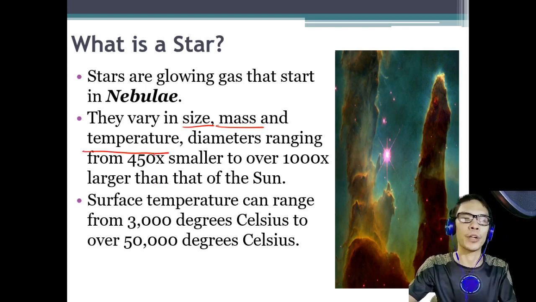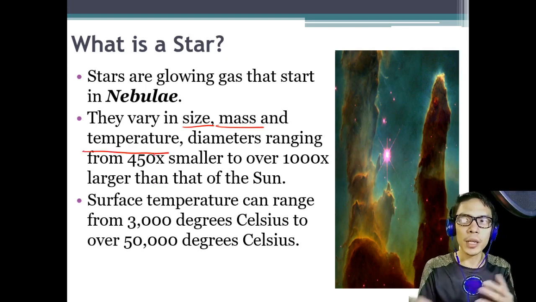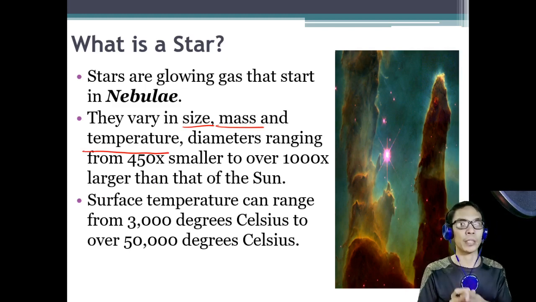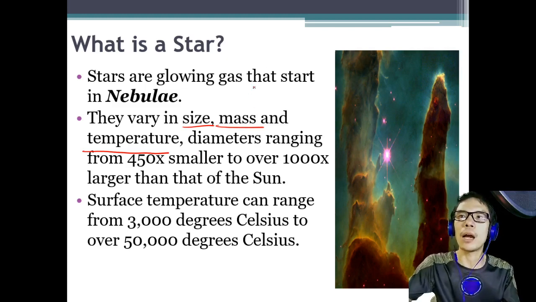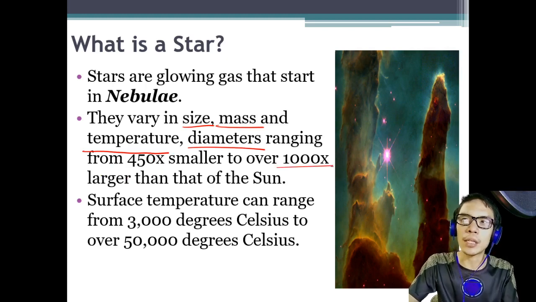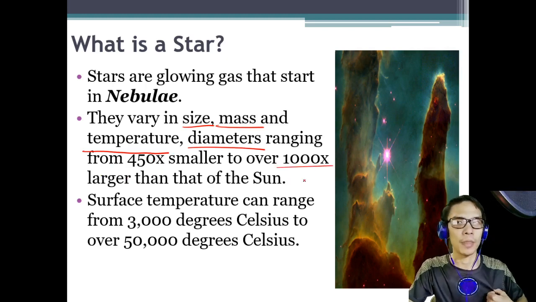Next, also with temperature. Stars have different colors, so temperature also varies in these objects. Also diameters. The diameters of stars range from 450 times smaller than our sun to 1000 times larger than the sun.